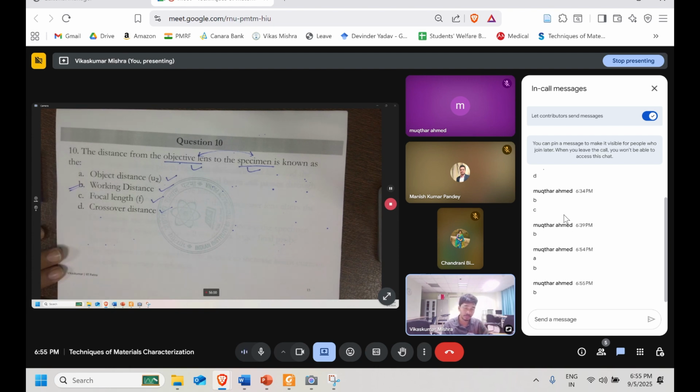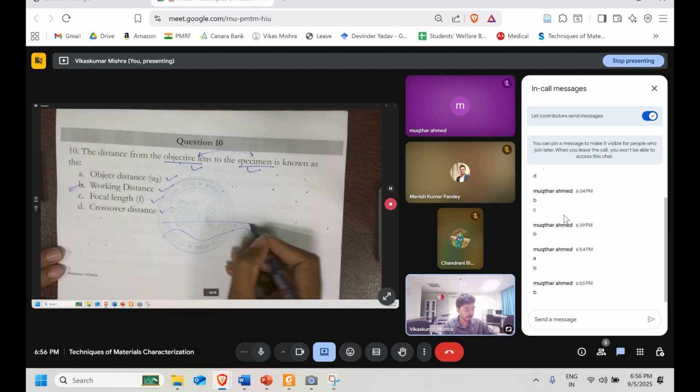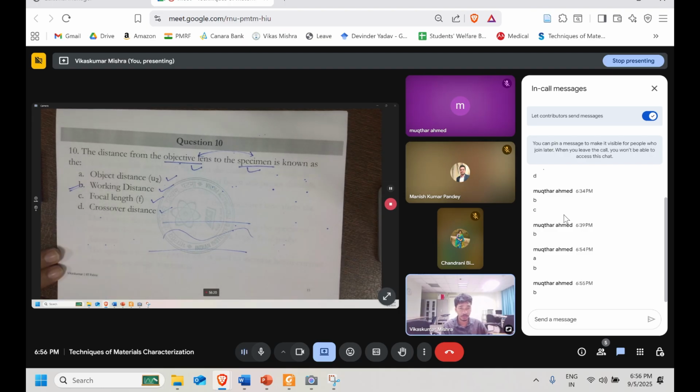If you are decreasing the working distance, you can increase the resolution, but again you are compromising with the depth of field, right? And if you are increasing the working distance, the depth of field will be improved. You are able to focus the entire section even if it is rough, but still you are going to compromise with the resolution.